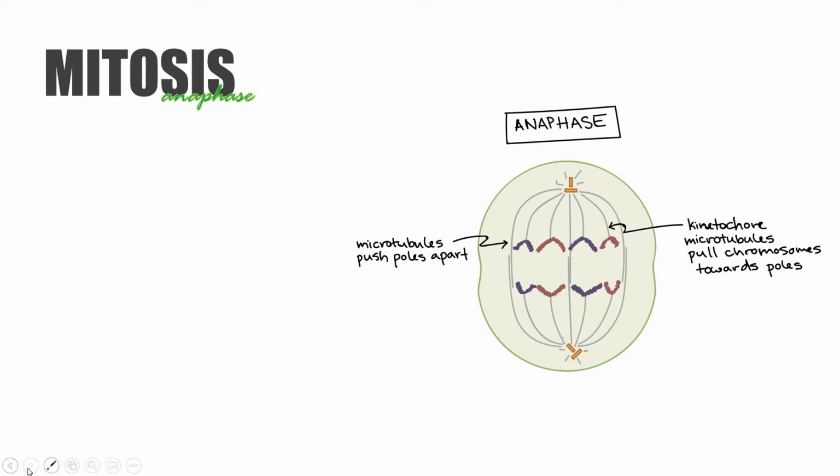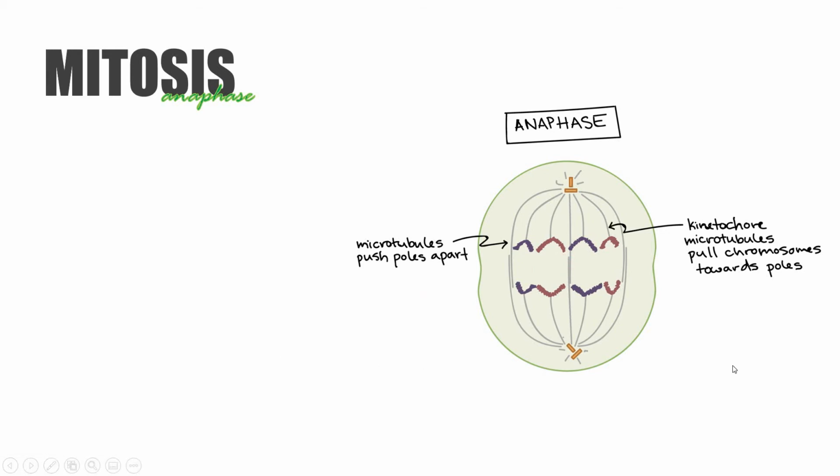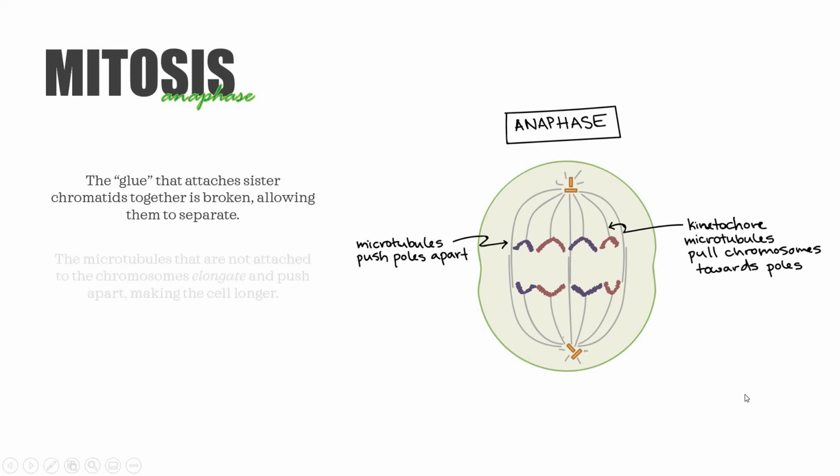Okay, so totally separating the components of the later on daughter cells. So the glue that attaches the sister chromatids together is broken, and it allowed them to separate. The microtubules that are not attached to the chromosomes elongate and push apart, making the cell appear longer, just like in this illustration.